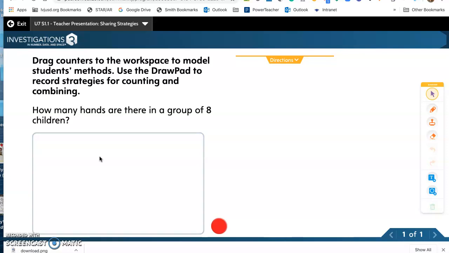So think about how you might solve this problem if you wanted to count how many hands there are in a group of 8 people. Think about it. Maybe you're going to draw 8 people and count the hands. That's one way to solve the problem.